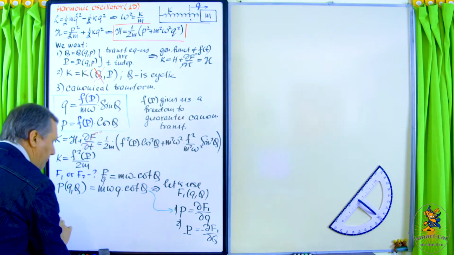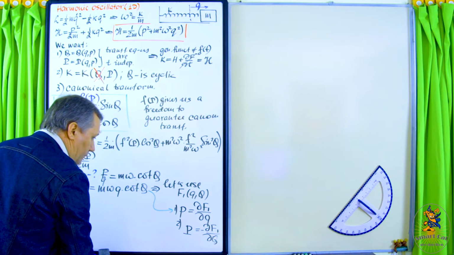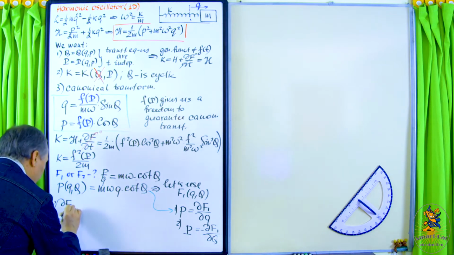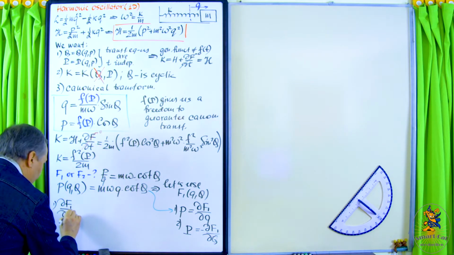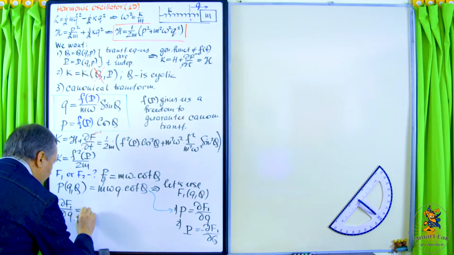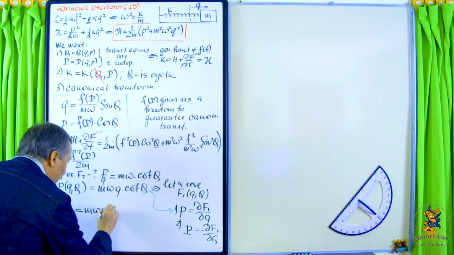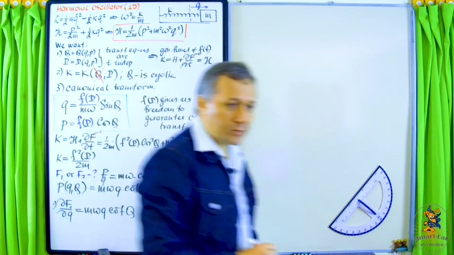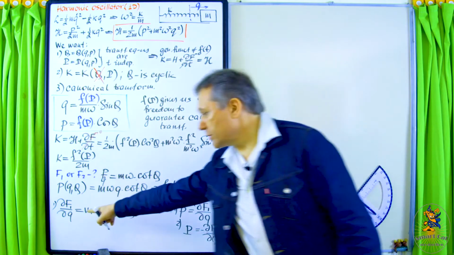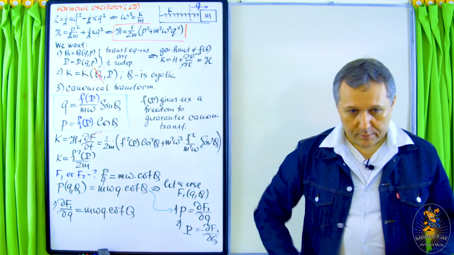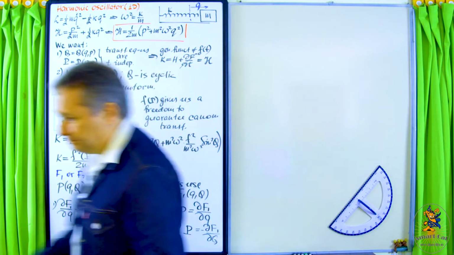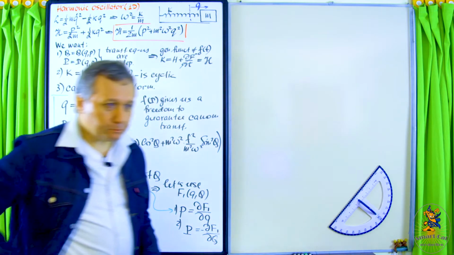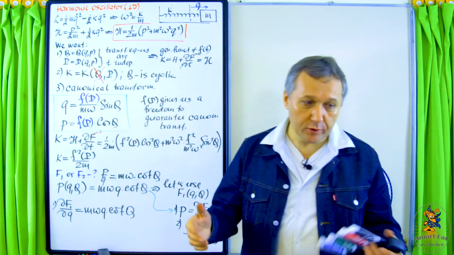I will just write immediately df1 over dq small equals m omega q cotangent of q capital. So equation number 1. Again, it's a partial derivative, so we have to integrate carefully.